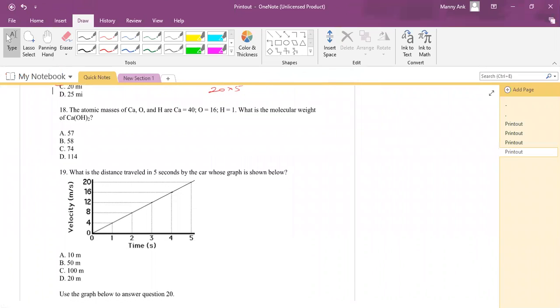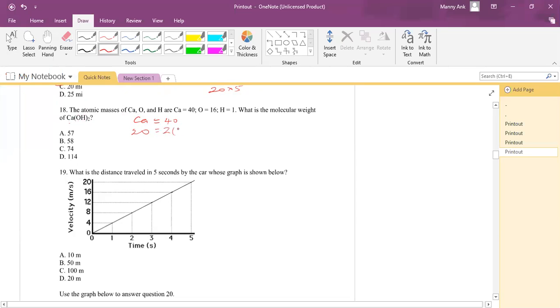The atomic masses are given for calcium, oxygen, and hydrogen. And you want to find the molecular weight. So the molecular weight, calcium, you have one calcium over here. So 1 of calcium, so you have to know the weight. So this is 40. You have 2 times this, so it means 2 oxygens. The 2 affects the oxygen. So 2 times the weight of oxygen, 16.